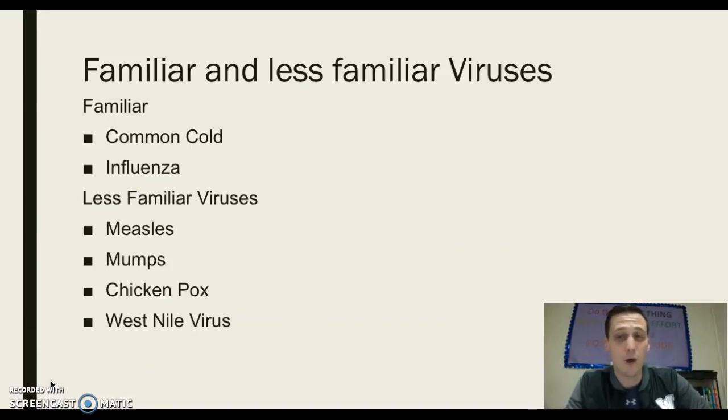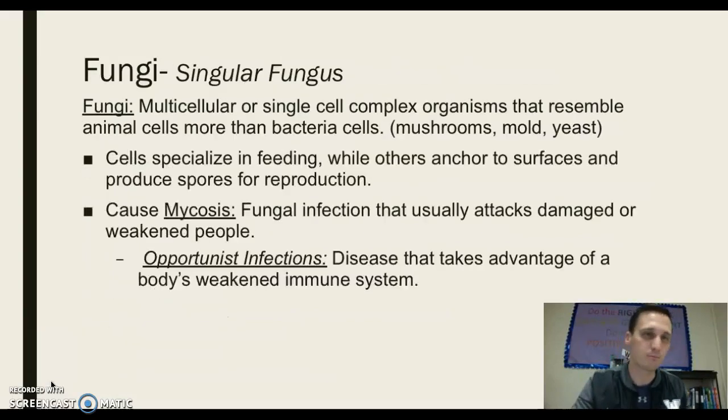So when you contract them, you have that virus in your body, in your system forever. Okay, but there are vaccines for all these different viruses to hopefully help you prevent getting them.